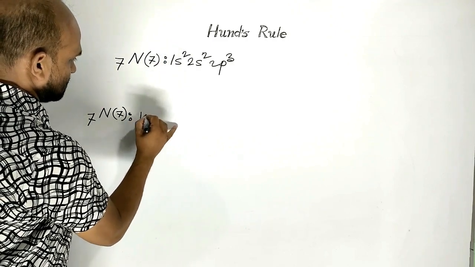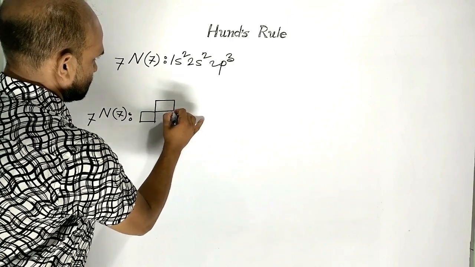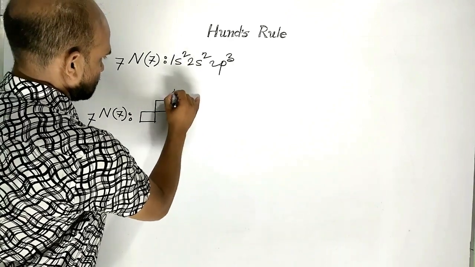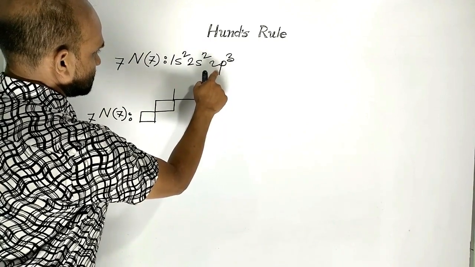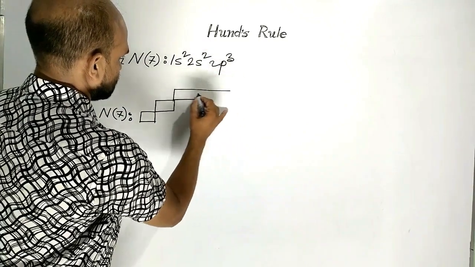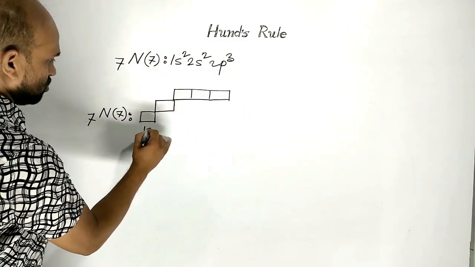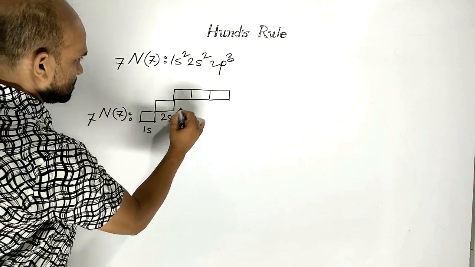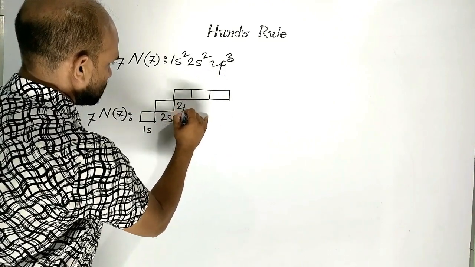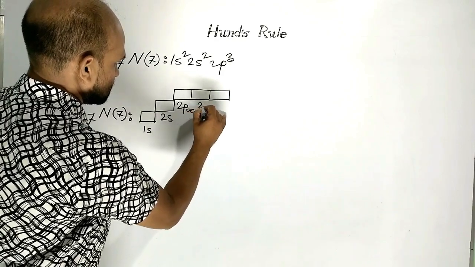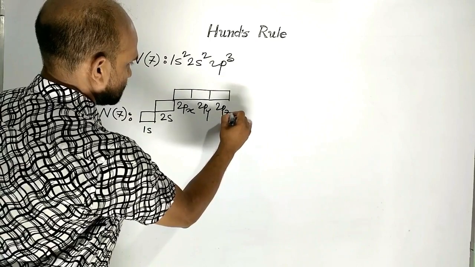1s orbital, then 2s orbital, then we know p subshell contains 3 orbitals, 1, 2, 3. These 3 orbitals are named in this way: 2px, 2py, 2pz.